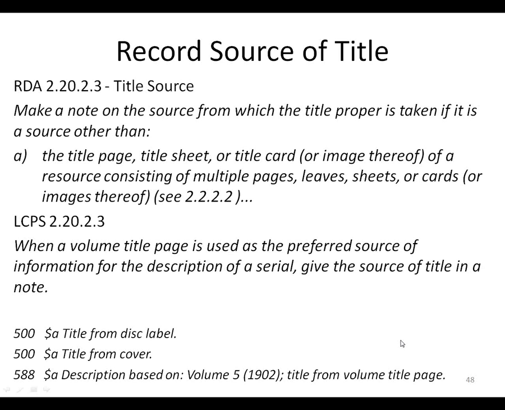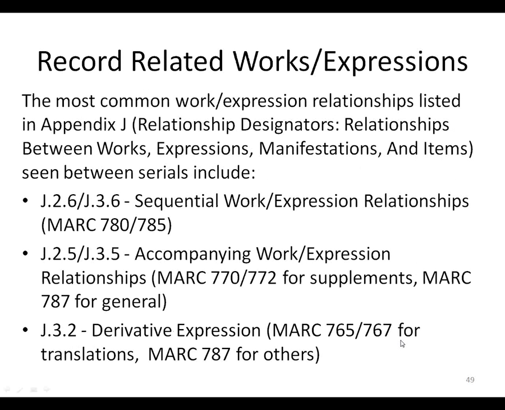There's also a specific rule in RDA which says if the volume title page is used as a preferred source for a serial, then you will also provide that as a title source note. There's nothing in RDA that talks about combining this information with the identification issue used for identification note, but you can certainly do that following Concert practice. And again, that'll be up to Concert to identify that.